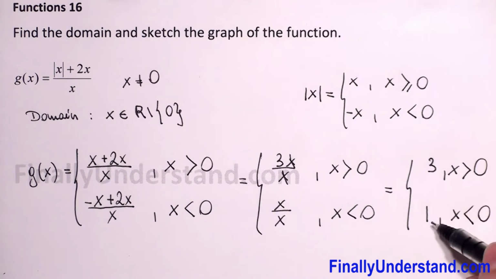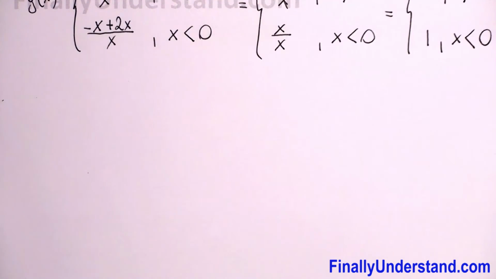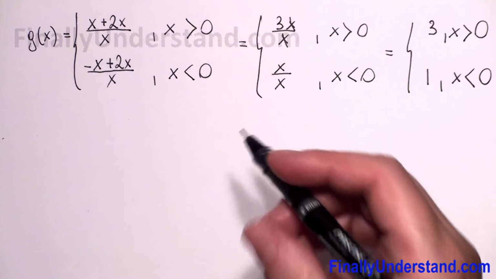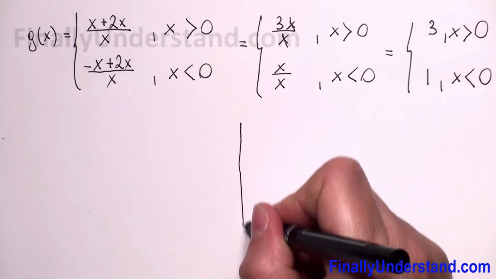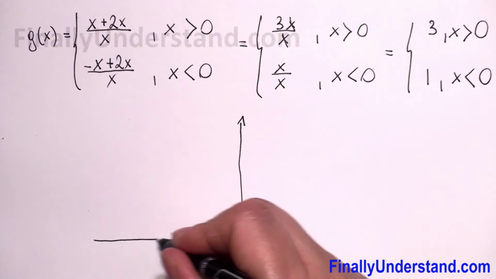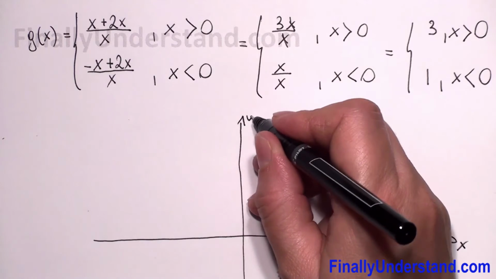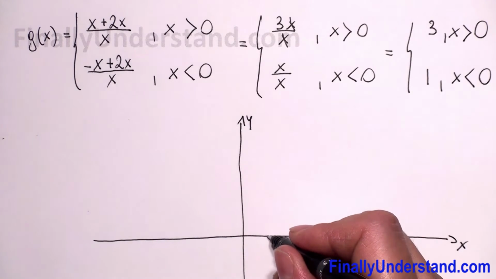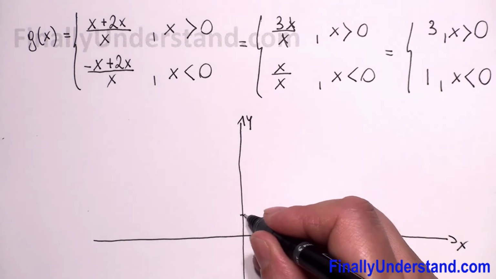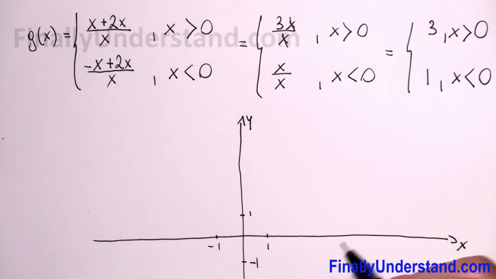We will have two parts. Let me draw x, y plane. X-axis, y-axis, we have to choose the unit. 1, negative 1, negative 1.